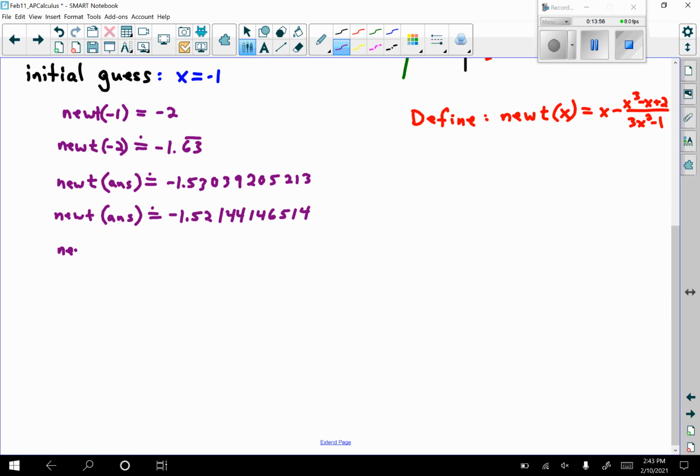We'll do this again. Getting closer, we could see now we're still at least the first several digits are the same. We're getting a -1.52137.970.973.